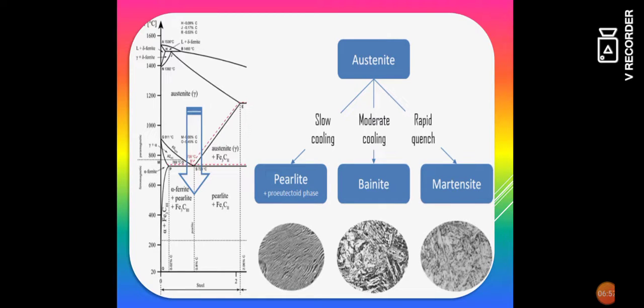Due to the cooling processes, the internal structure of the steel is slowly changed. That means the atoms inside the material move from one position to another, so that the structure of the austenite is changed into pearlite, then bainite, and finally it reaches the martensite phase. All those structures are clearly given in the picture.